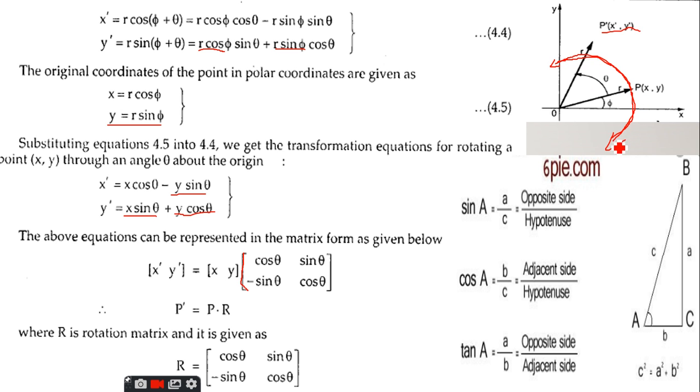When it is moving in a clockwise direction, then it becomes negative. So for the anti-clockwise direction, P dash is equal to x y, that is P into the rotation matrix. Now the rotation matrix is cos theta, sin theta, and minus sin theta, cos theta.